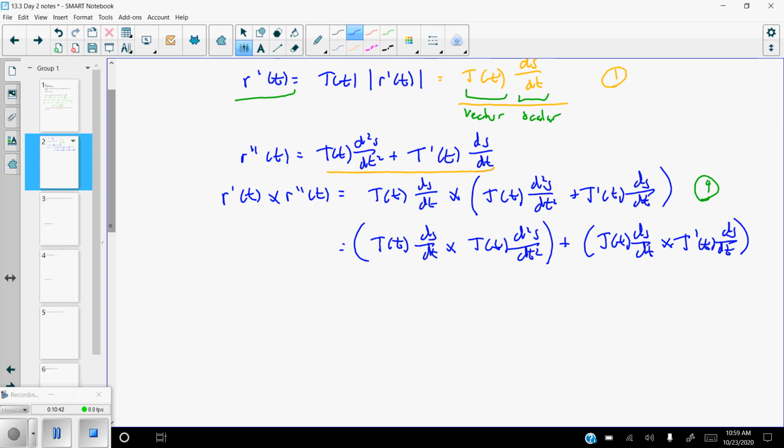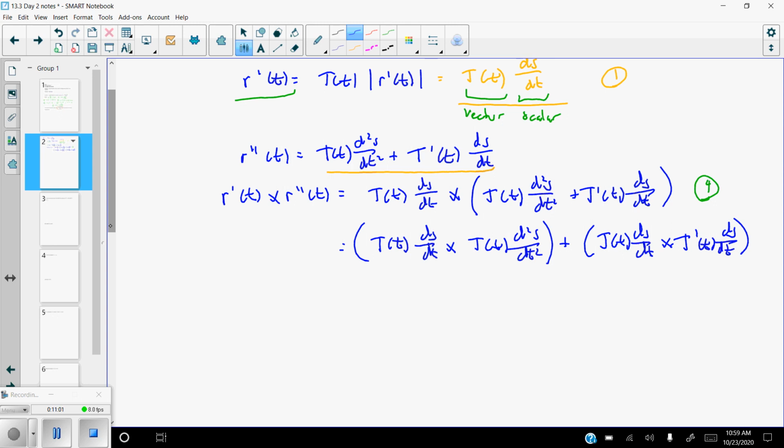Okay, so the nice thing here is in the first parentheses, that first cross product, remember that when you evaluate this stuff, ds dt and the second derivative, d squared s over dt squared, those are going to become scalars. So those things can actually be pulled out.